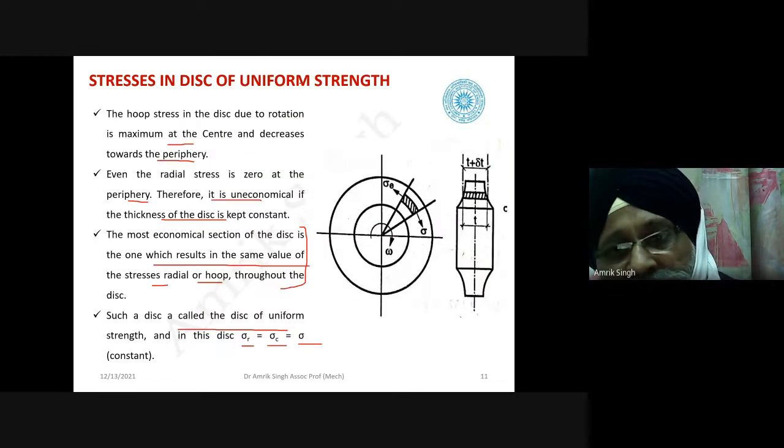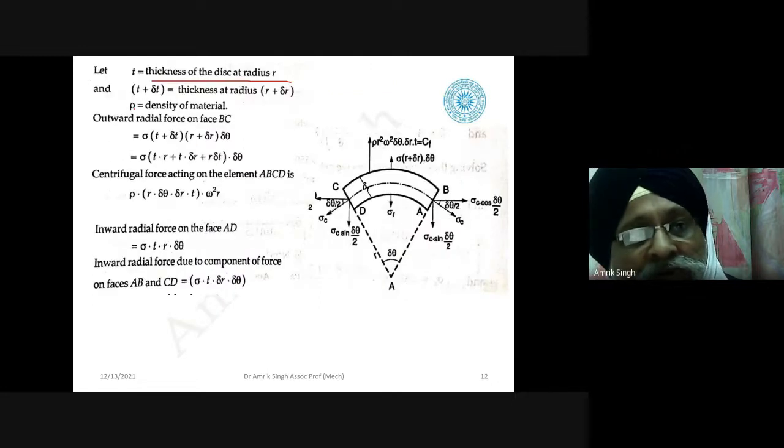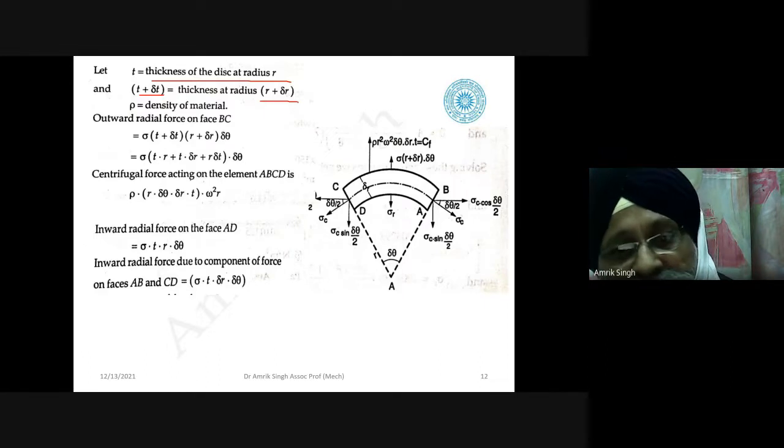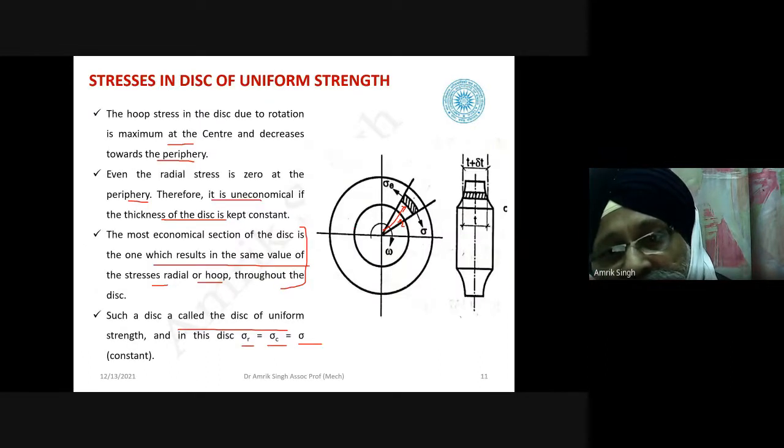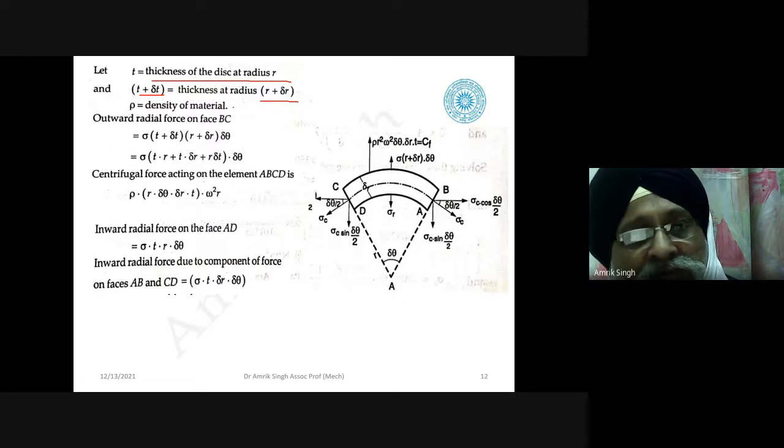So this radius, if you see, and T plus delta T is at the radius R plus delta R. Now, rho is the density of the material of the disk.